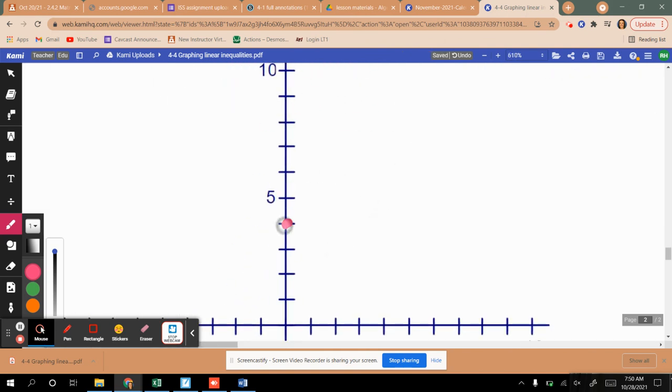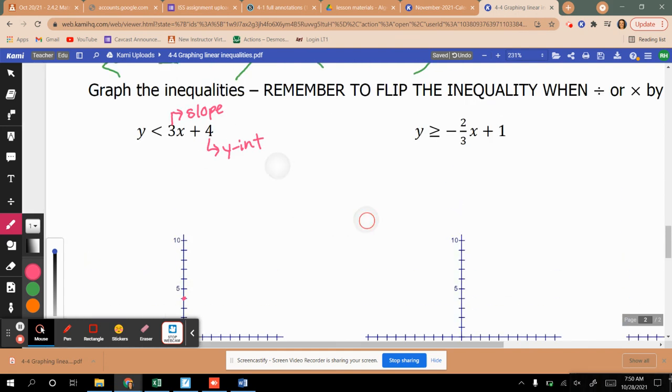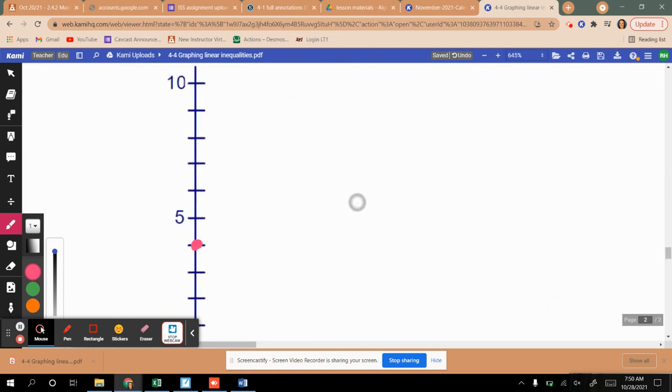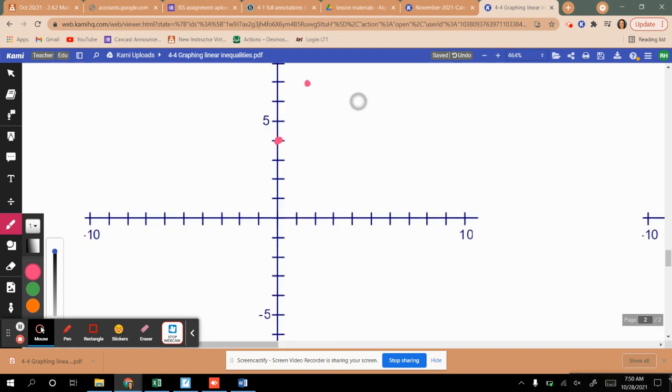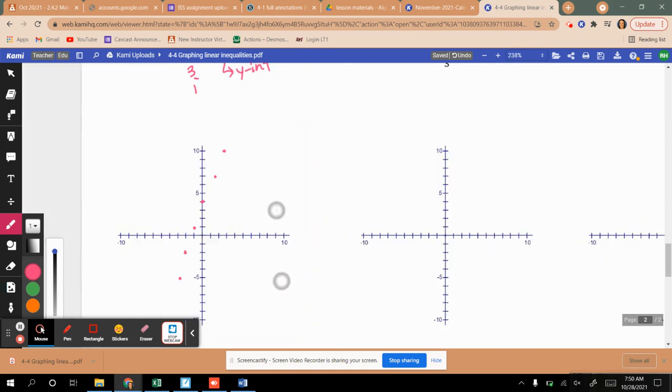Our slope is 3, which is the same thing as 3 over 1. So we're going to rise 3, run 1, rise 3, run 1, and in the opposite direction as well. All right, that's enough points, I think.